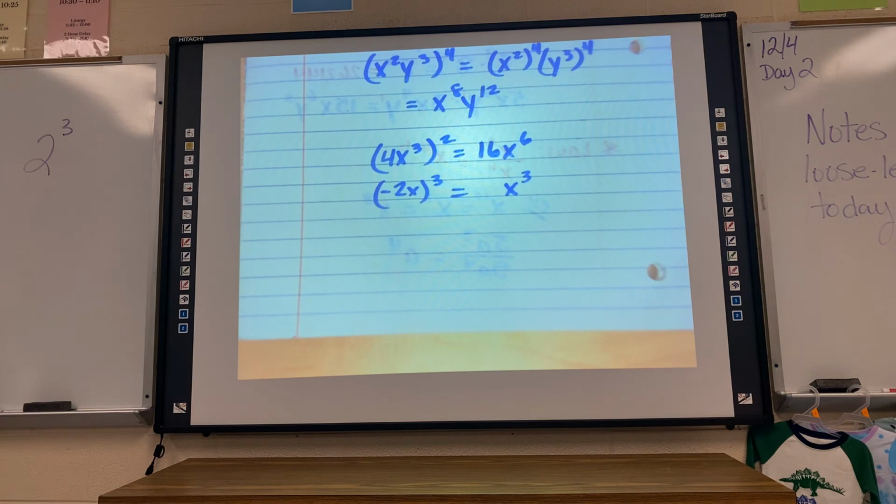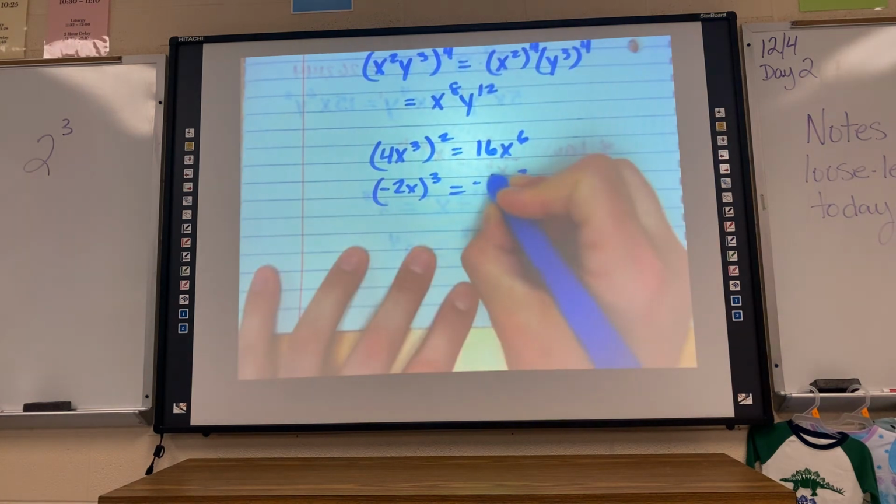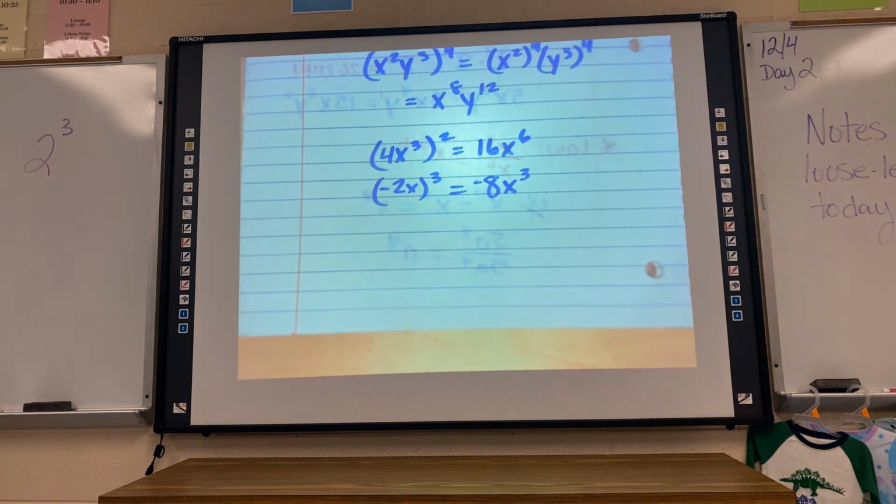Helene? Negative 8x cubed. Because it becomes negative 2 cubed. So it's negative 2 times negative 2, which is positive 4. But then the third one is times negative 2, which would make it negative 8. So just be careful there. Any negative number raised to an odd power is going to be negative. Any negative number raised to an even power is going to be positive. We talked about that.